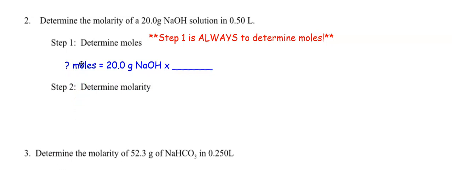So how many moles is 20 grams? Grams of what? Sodium hydroxide. Oh, periodic table. I need to add all that up. Here's my sodium, here's my oxygen, here's my hydrogen, and it adds up to 40 grams. So where does my 40 grams go? On the bottom, so that the grams cancels out.